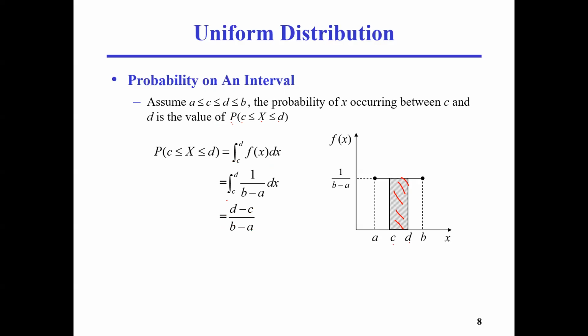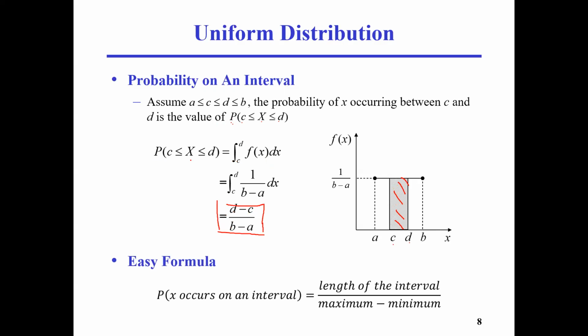The result is the difference between D and C divided by the difference between B and A. This value equals the size of the shaded area, and also equals the probability of x being between C and D. So this is an easy formula for the uniform distribution, and you can simply use it to compute the probability of x occurring on an interval.